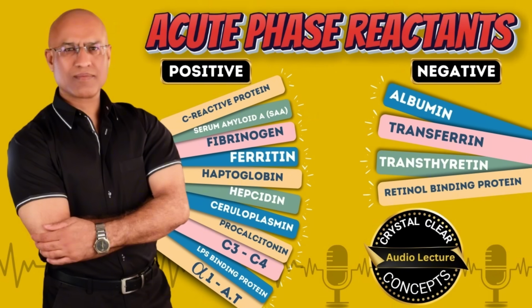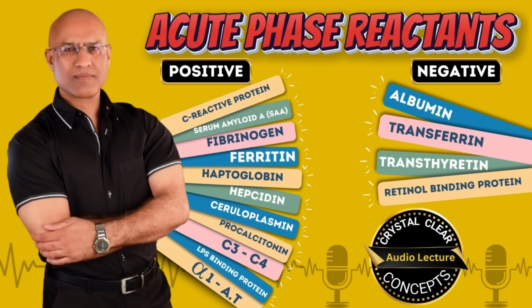So what we can say is that acute phase reactants, even though their name is acute phase reactants, actually change their concentration in plasma significantly not only in acute inflammatory states, but also in chronic inflammatory states. So we had a few words about C-reactive protein, and then we had about fibrinogen, right?